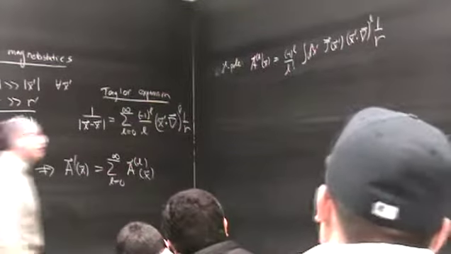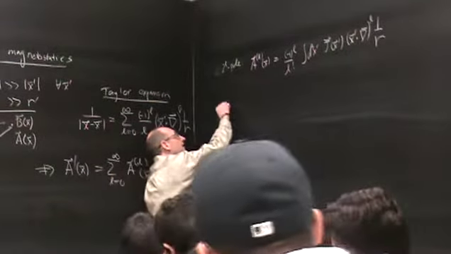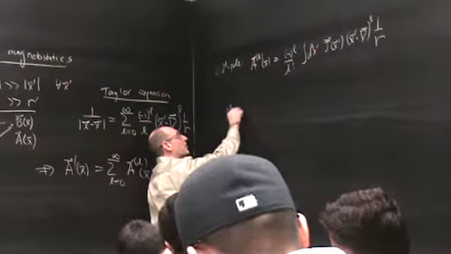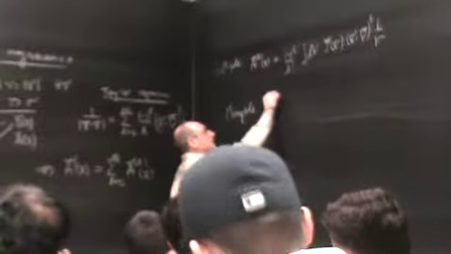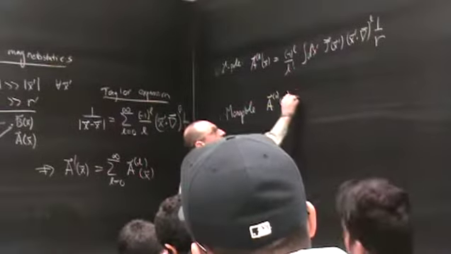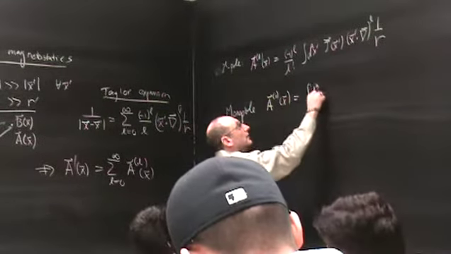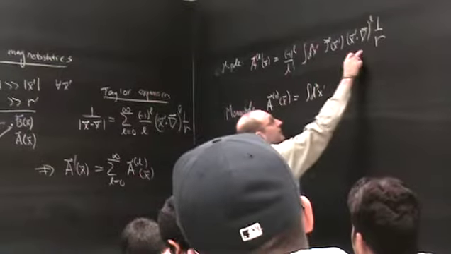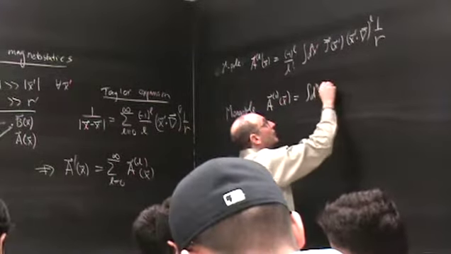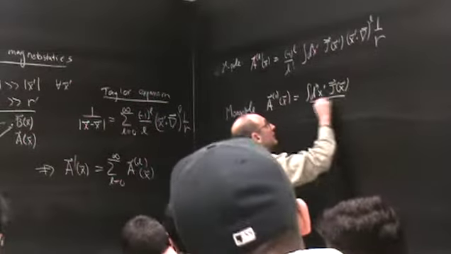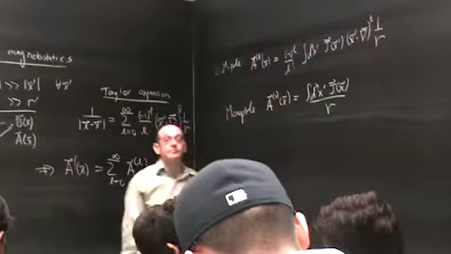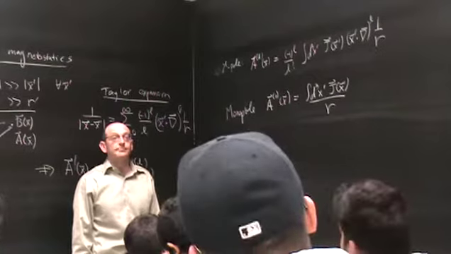So the first term would be the monopole. L is 0. So this is equal to that. Okay?